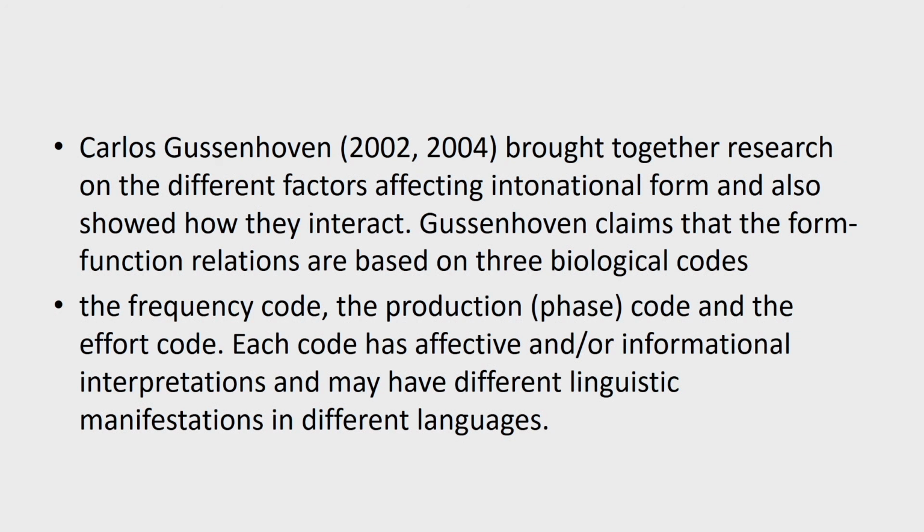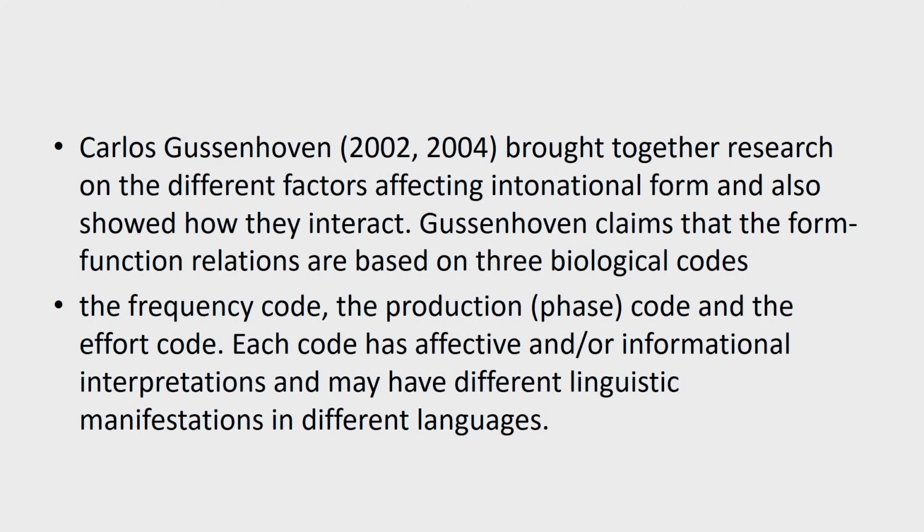So, what are the frequency code, the production code and the effort code? So, first the frequency code. What the frequency code would say is that in languages we have different intonation depending on whether you are asking a question or making a statement, etc. And so as we saw, when we are asking a question, the pitch rises, and when it's a statement, it is a falling intonation.